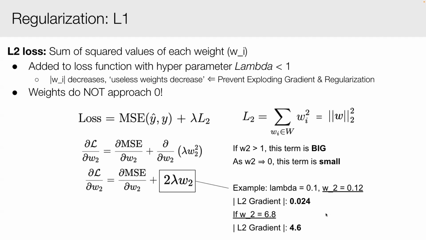My gradient ends up becoming extremely small as well, 0.024. So this L2 loss is barely making any changes to my gradient. Whereas if my W is really big, like 6.8, then the magnitude of my gradient becomes 4.6. That might overpower this MSE gradient.